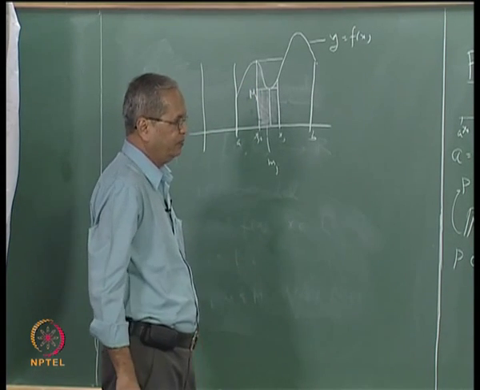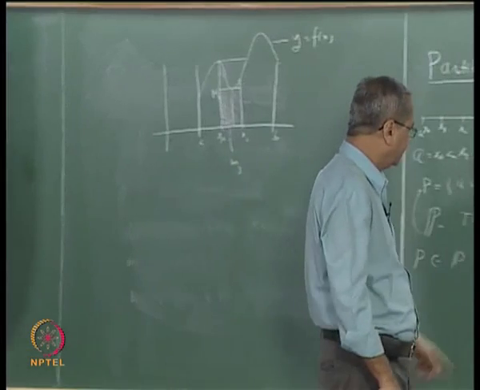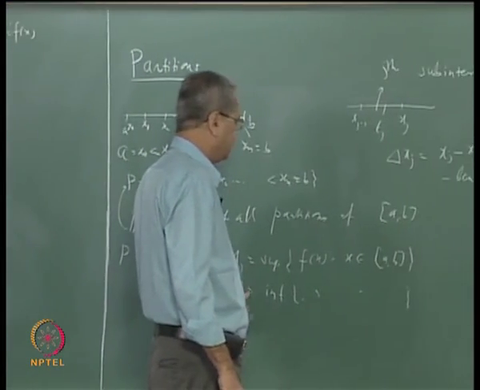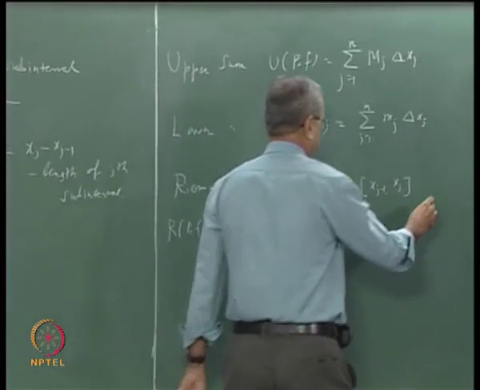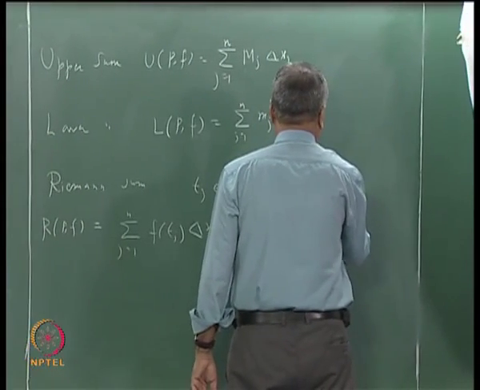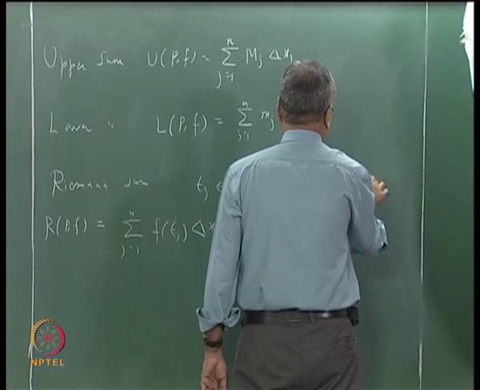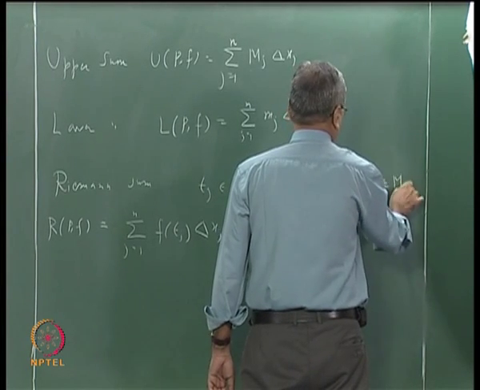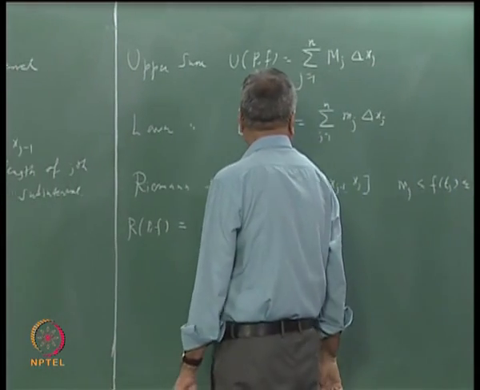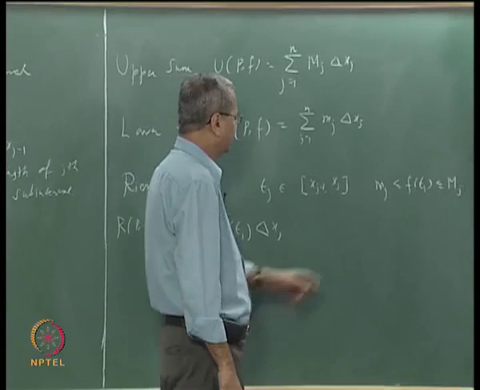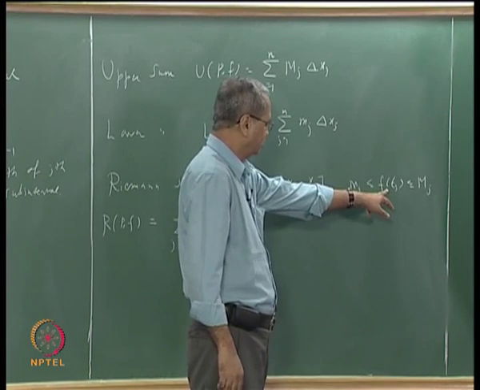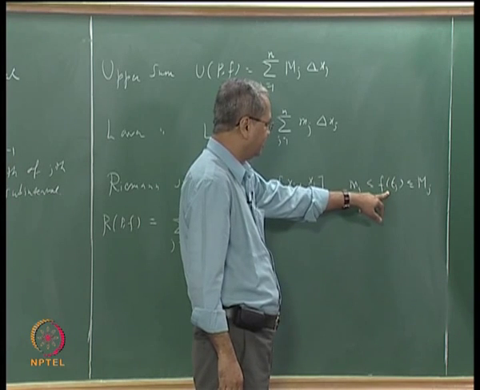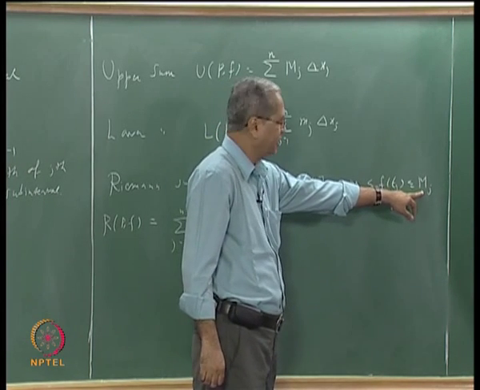Okay. So from the definition of big Mj and small mj, it is clear that small mj is less than or equal to f of Tj, which is less than or equal to big M suffix j. Okay. And the lower sum is nothing but you multiply each of these numbers by delta xj and add, and similarly do the same thing for this, you will get the Riemann sum, and do the same thing for that, you will get the upper sum.